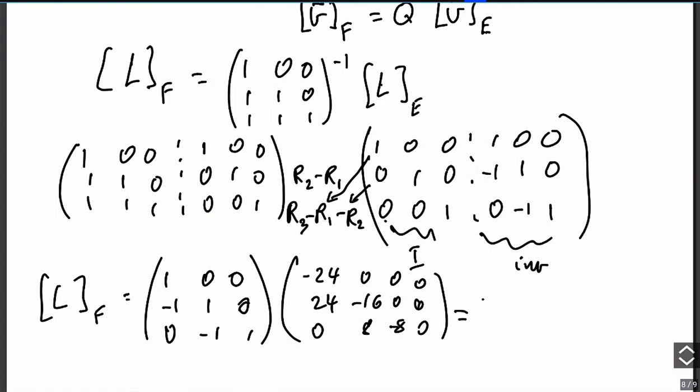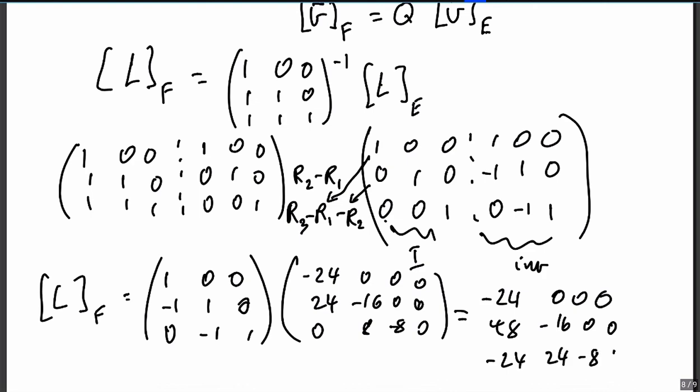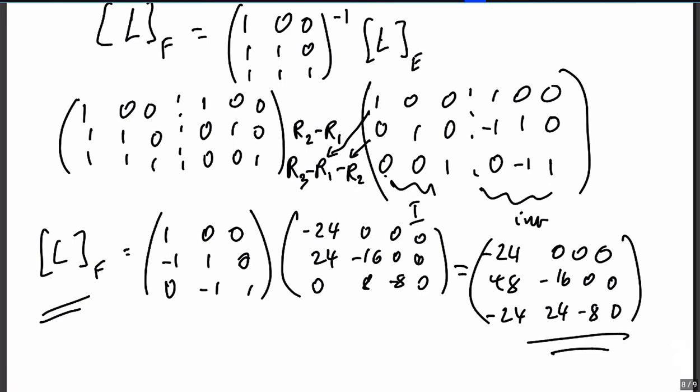And then what we get is minus 24 0 0 0, 24 plus 24, 48, minus 16 0 0, minus 24, 16 plus 8, 24, minus 8 0, which is what we were looking for.